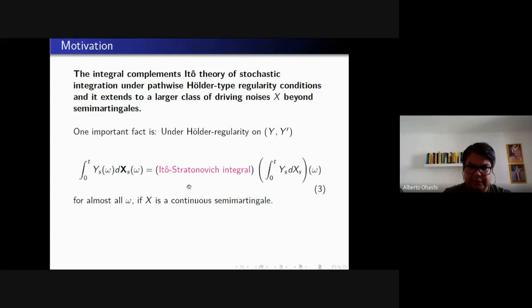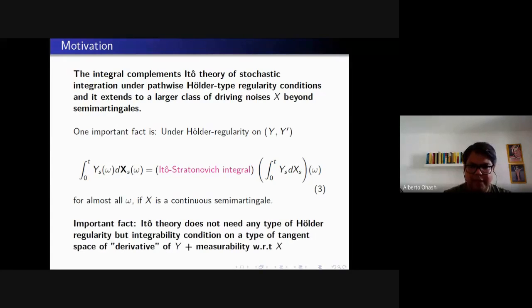The probabilists know that you are not able to fix omega, but with the invention of rough path theory, you can prove that for almost all omega there is equality of these two integrals, in case X is a continuous semi-martingale.